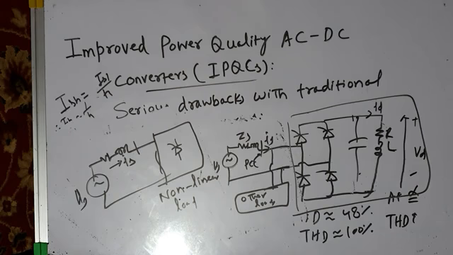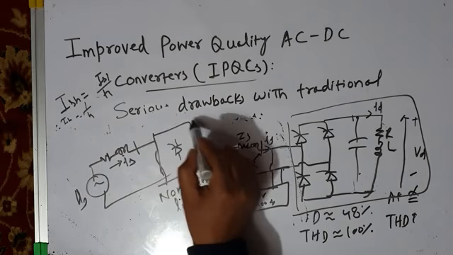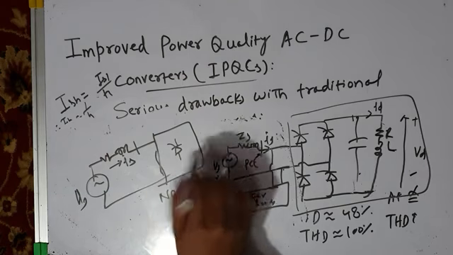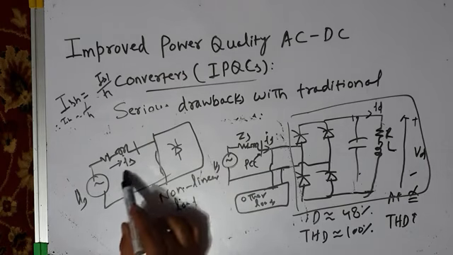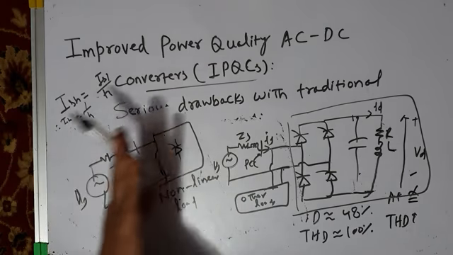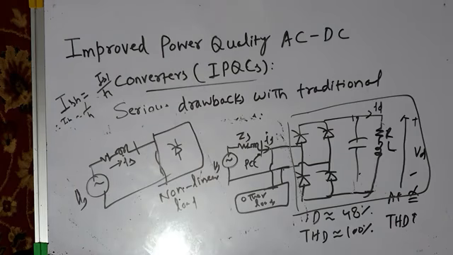They are all the examples of these nonlinear loads, because all those loads use front end AC to DC converters, and these traditional AC to DC converters draw distorted currents from the source, and therefore the source sees your load as a nonlinear load. This is the main problem.